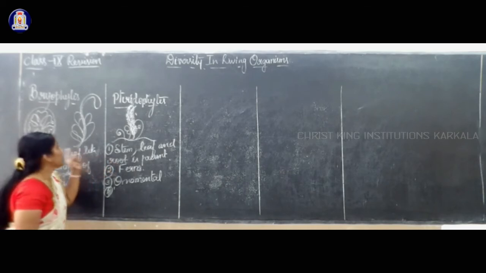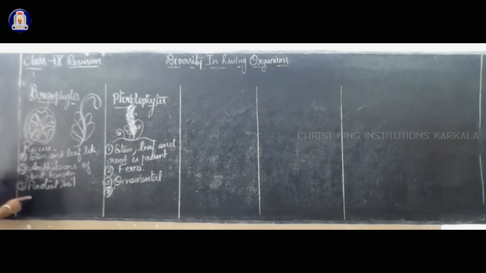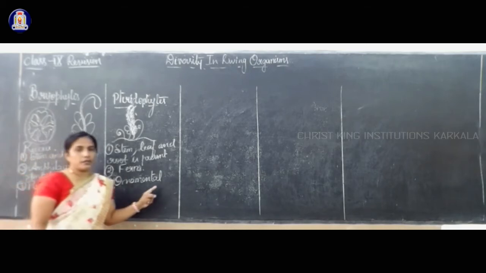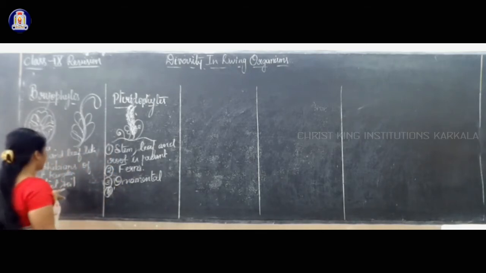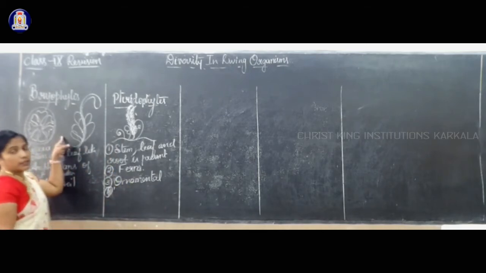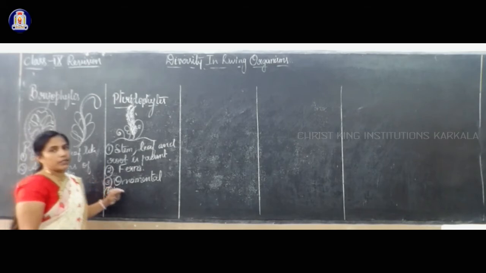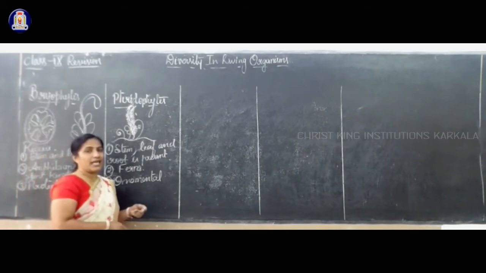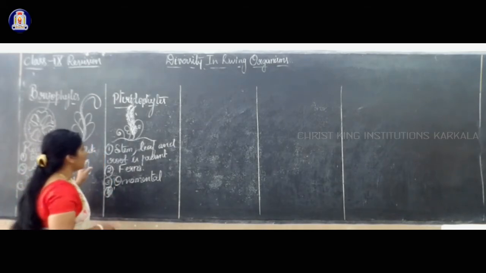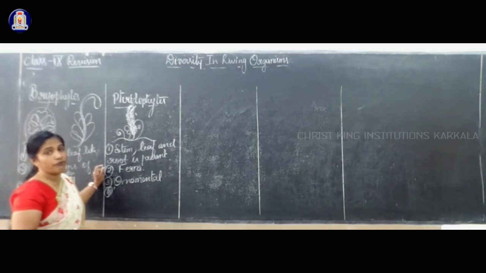And then spore formation. Here also there is spore formation. Since bryophytes require water to complete their life cycle, they grow on moist land, while pteridophytes grow on land. So this is a major difference between bryophytes and pteridophytes.